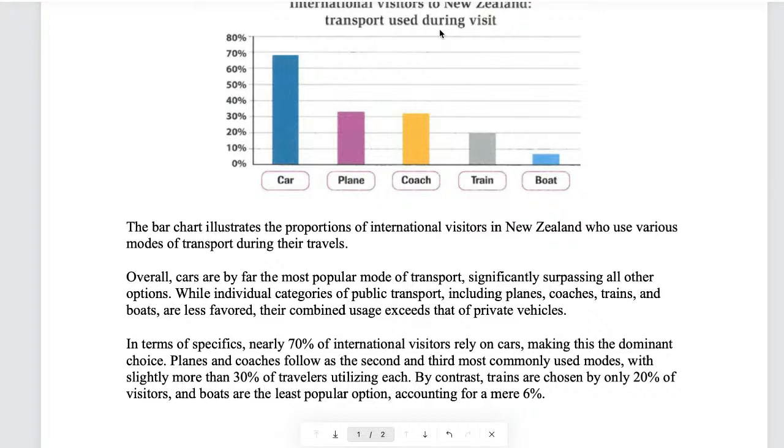Alright, overall, cars are by far the most popular mode of transport. The most popular mode of transport.